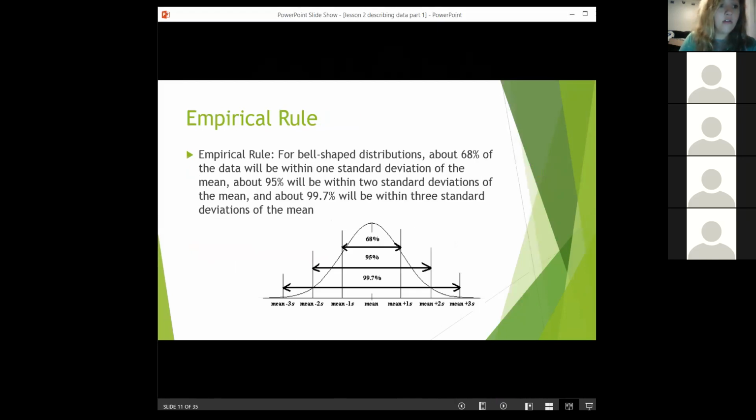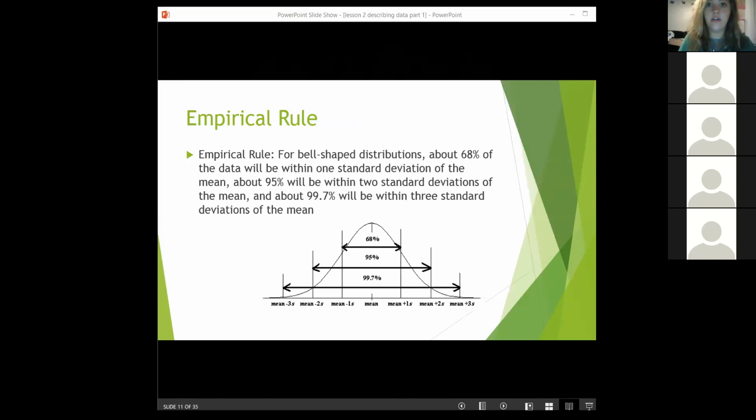Okay, empirical rule. I love the empirical rule. This goes back to when you have a z-score curve, your mean of 0 and your standard deviation of 1. It basically describes what percent of the data lies within these different regions.